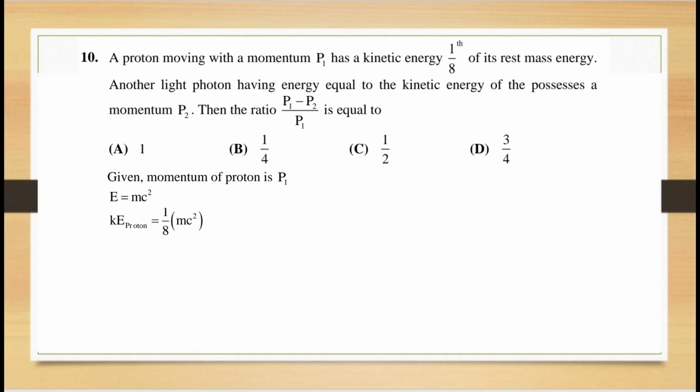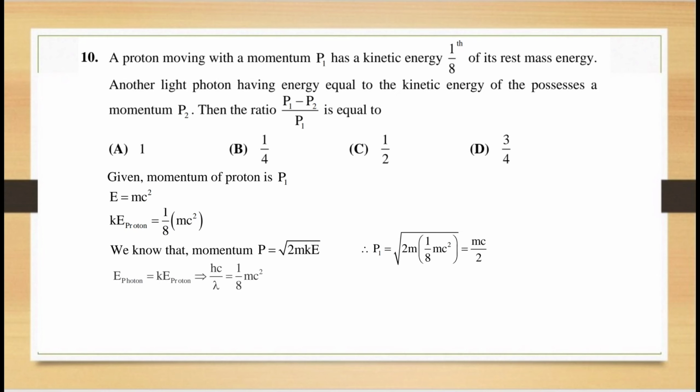Now we know that momentum p equals square root of 2m into kinetic energy. Therefore from the given data, p1 equals square root of 2m into 1 by 8 into mc square, which equals mc by 2. Now they also given that for proton of momentum p2, E proton equals kinetic energy of proton, which implies hc by lambda equals 1 by 8 into mc square.